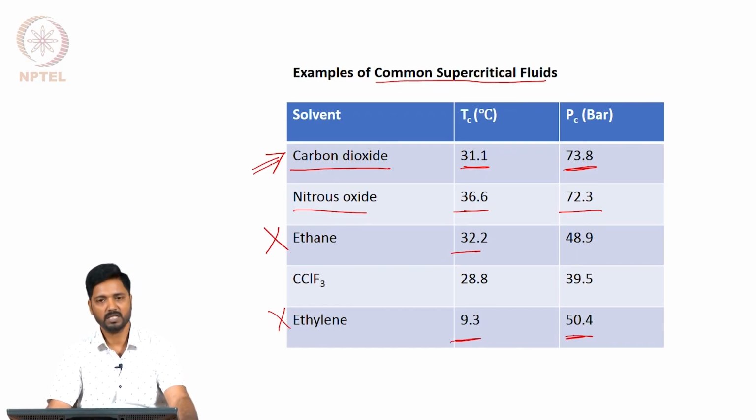So, carbon dioxide is going to be the most used gas for undertaking supercritical fluid chromatography, and indeed most of the commercial systems utilize carbon dioxide as the mobile phase or the gas in its supercritical fluid form.